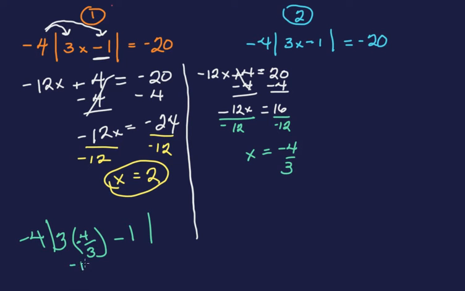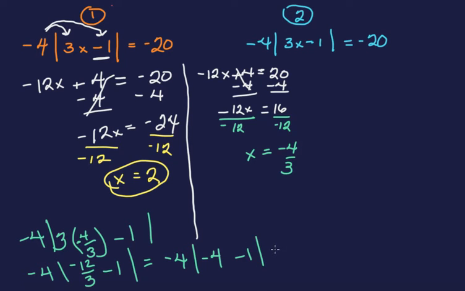Negative 12 over 3, because when you multiply straight across. Minus 1, give it absolute value. Well, this ends up looking like, oh, well, negative 4 times, this negative 12 over 3 is obviously negative 4. Minus 1 gives me negative 5.